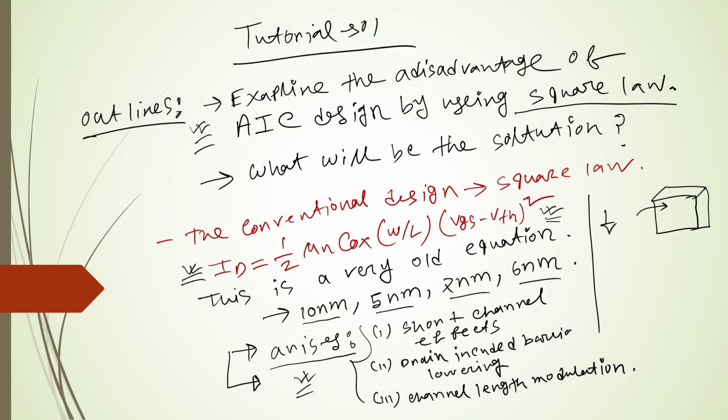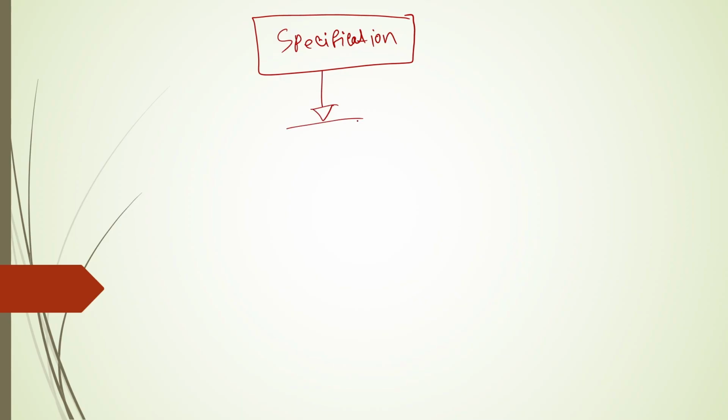So let us describe the first outline in detail. Suppose you have some design specification, and based on the design specification you do some hand calculation. Generally, we do the hand calculation before going to the simulator.